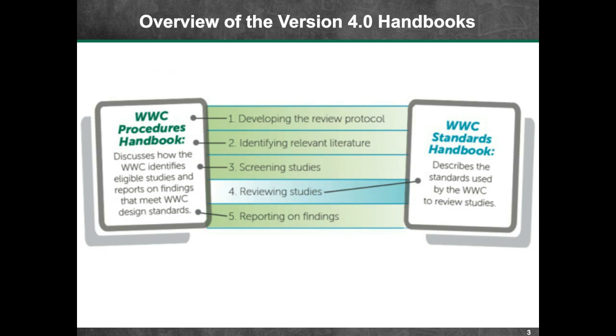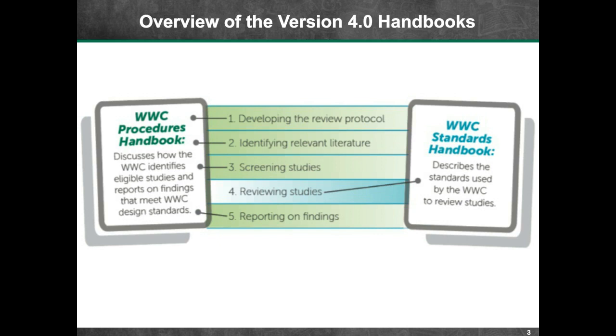Today, we're going to talk about two documents that guide our work. The 5 steps listed below comprise our systematic review process. The WWC Procedures Handbook contains information on all of the steps we use in the systematic review process, including finding studies, screening them for eligibility, and reporting on findings.